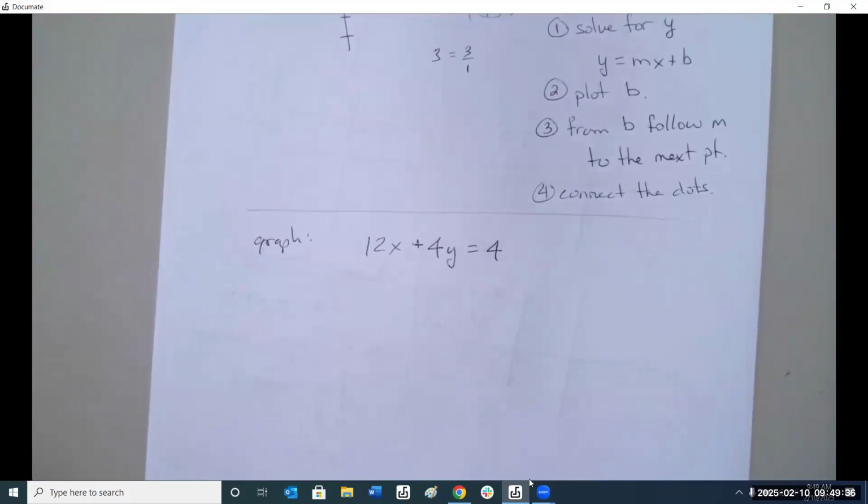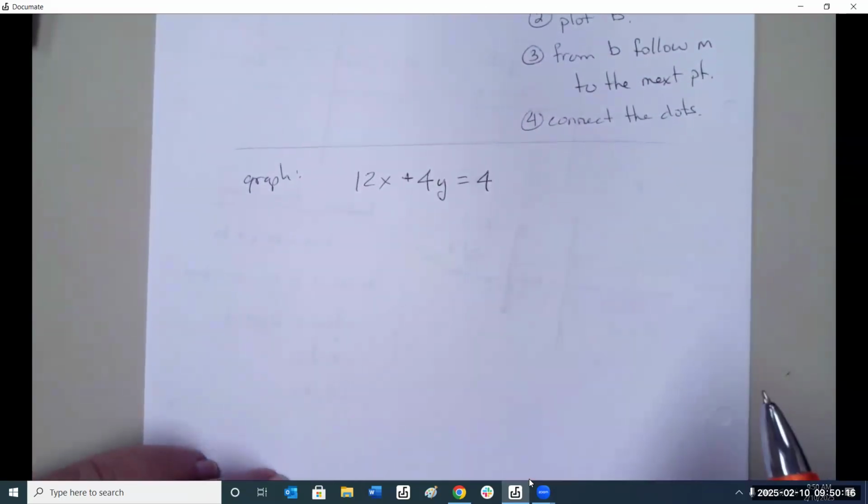Graph that equation. What's the first thing you have to do?